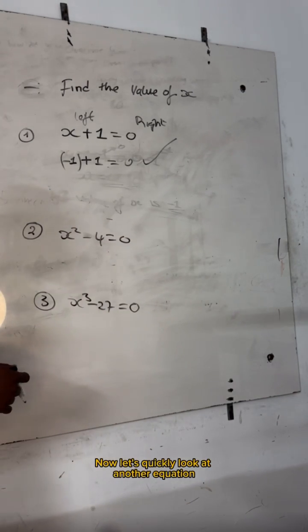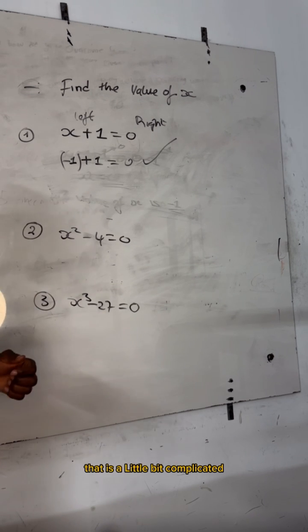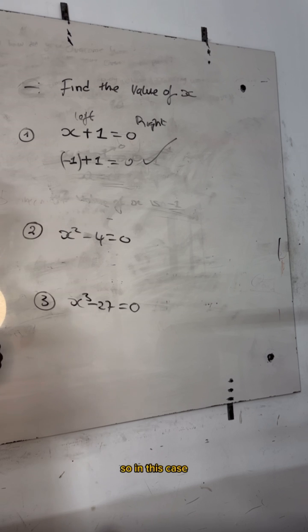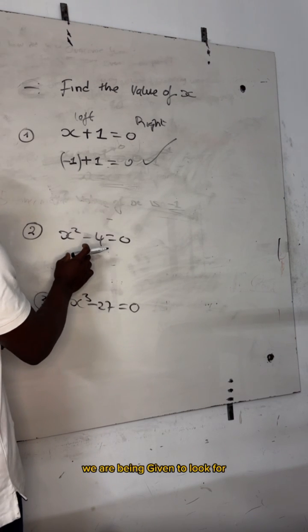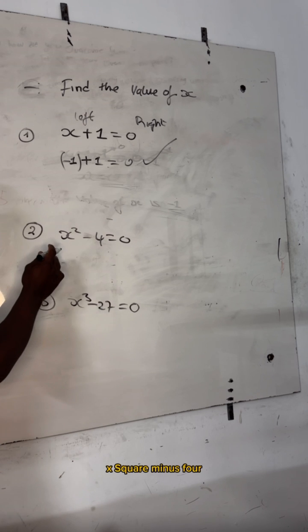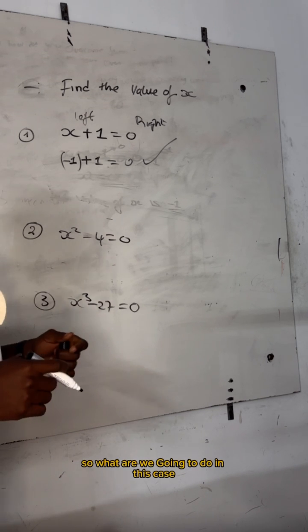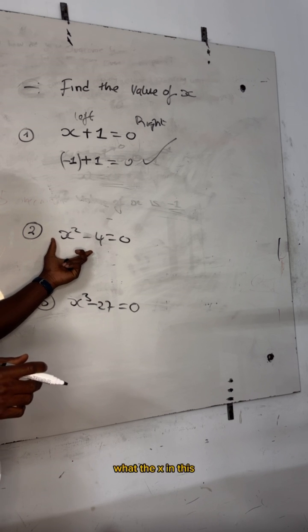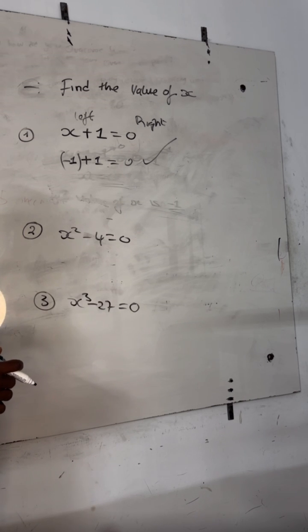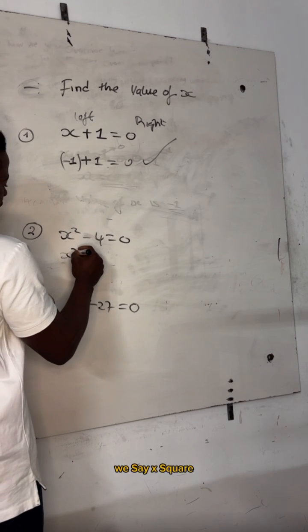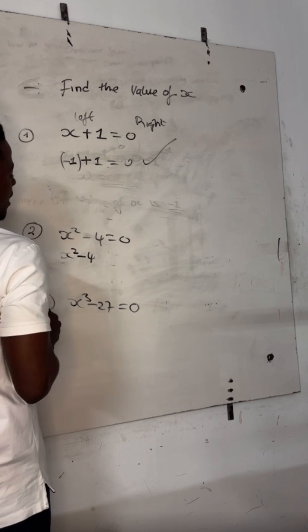Now, let's quickly look at another equation that is a little bit more complicated for those who do not know how to work with x squared. In this case, we are asked to look for the value of x. Now, x squared minus 4. What are we going to do in this case to remove the 4?